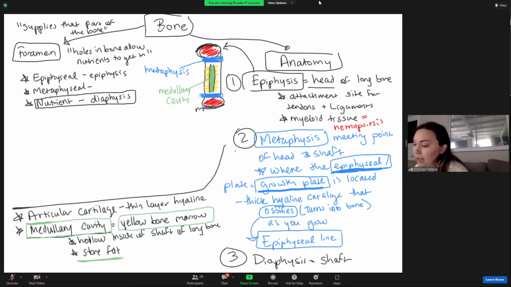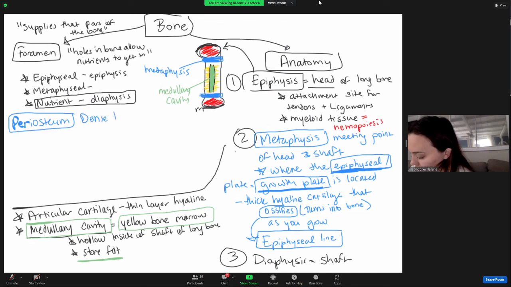All right, so then we have the covering around the bone. So the covering around the bone is called the, let's see, let me see if I have another color I can use. Let's do blue. The periosteum. Okay, so this is the dense, irregular covering around the bone.